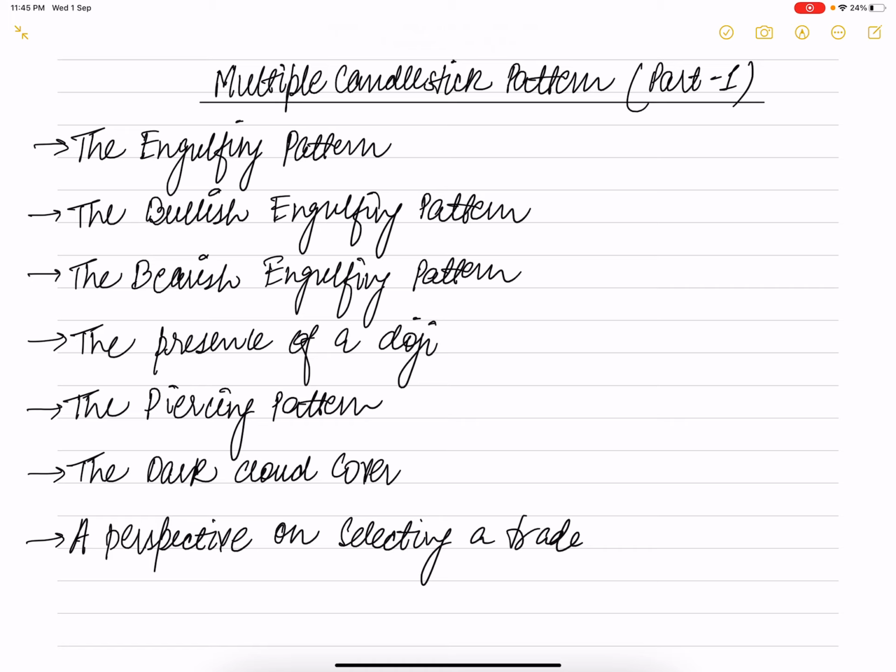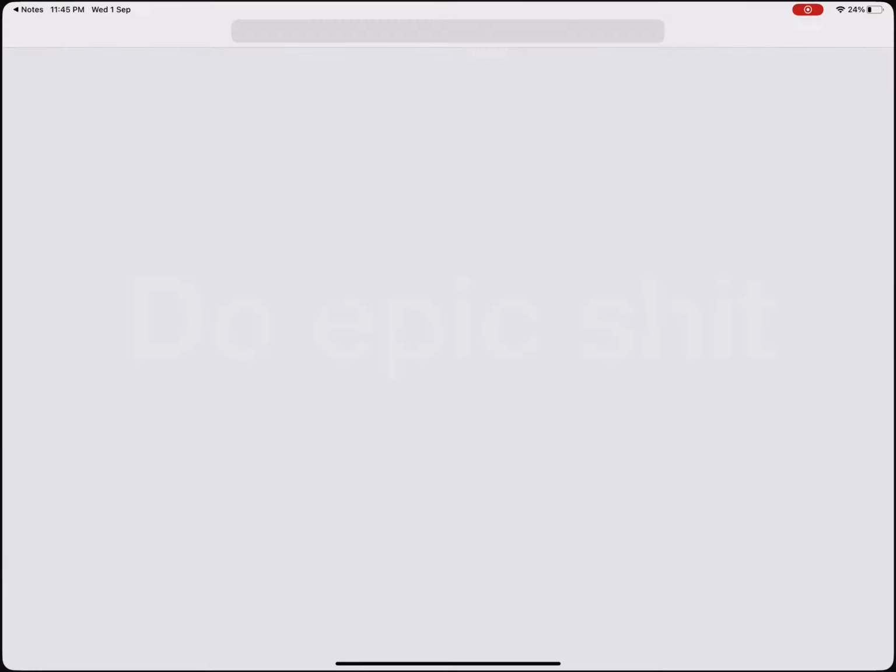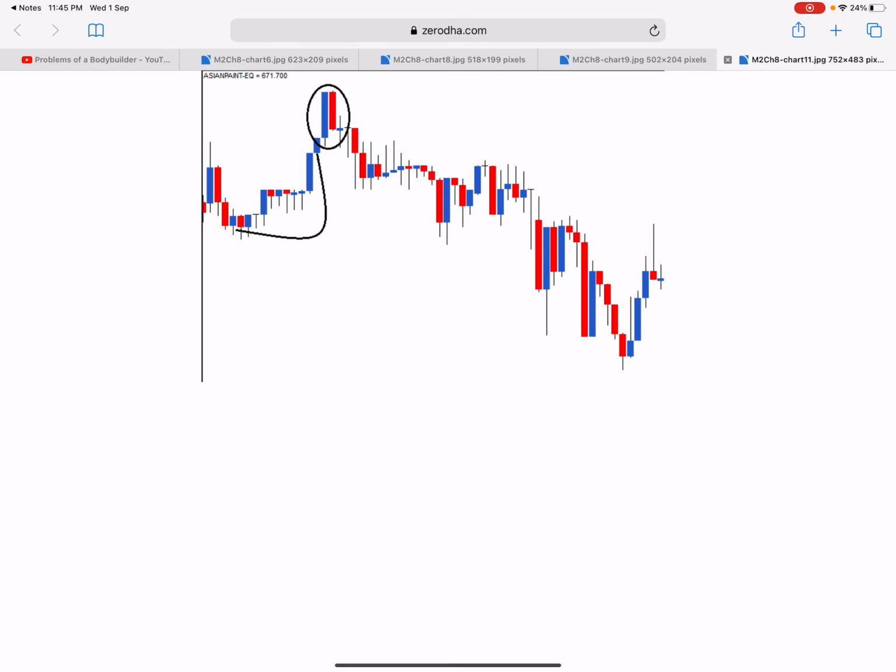In a bearish engulfing pattern, the red candle on P2, basically the red dark candle, you can just have a look at this chart.